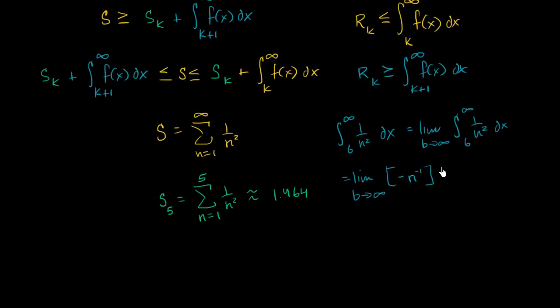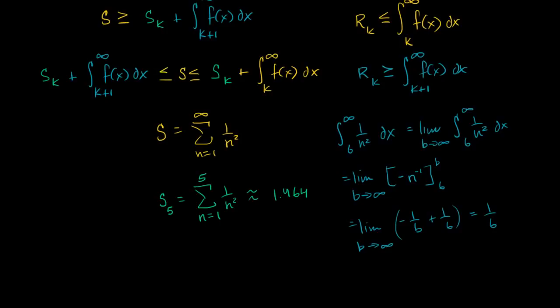And we're going to evaluate that at b and at 6. So this is equal to the limit as b approaches infinity of negative 1 over b minus negative 1 over 6, so plus 1 over 6. Well, as b approaches infinity, this term goes to 0. So this is just going to be equal to 1/6.